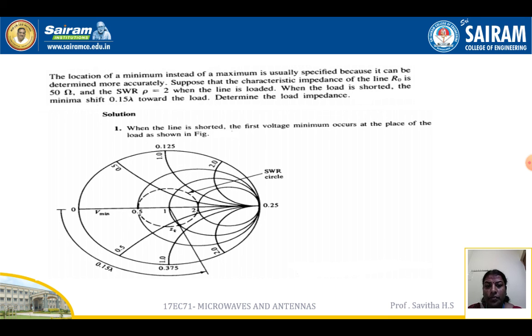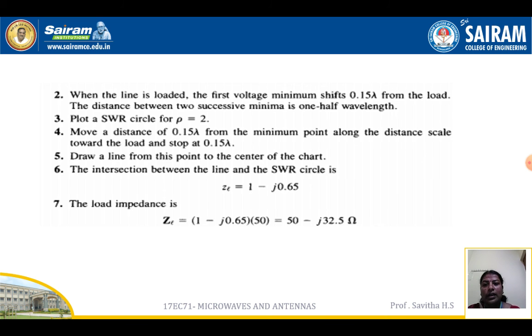First, we need to draw the standing wave circle. You can see in the diagram the standing wave circle is already drawn and it is denoted as the standing wave ratio circle. When the line is loaded, the first voltage minimum shifts 0.15 lambda from the load, and the distance between two minima is half the length.